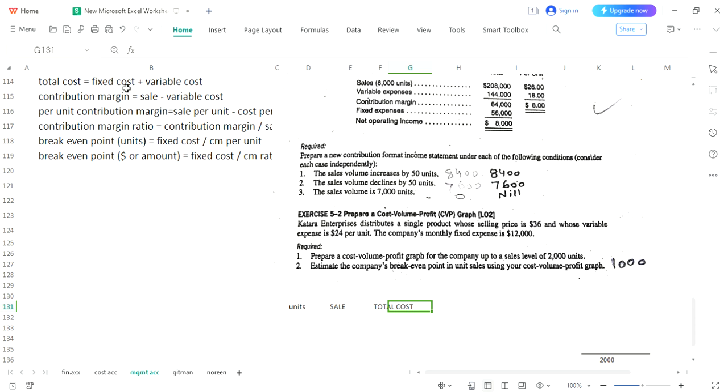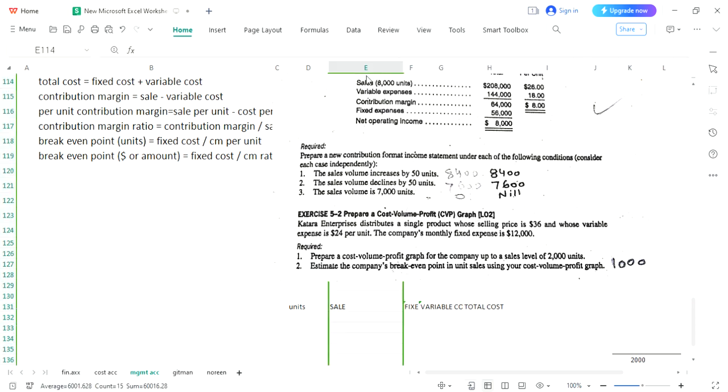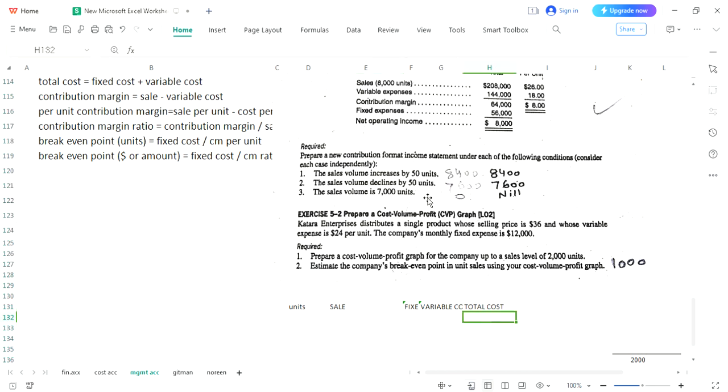So you will calculate fixed cost and then you will calculate variable cost. You will add them to make total cost. Okay, let it be set according to your requirement. First column was sale, and then you need some space for your fixed cost, and then variable cost, and finally total cost.